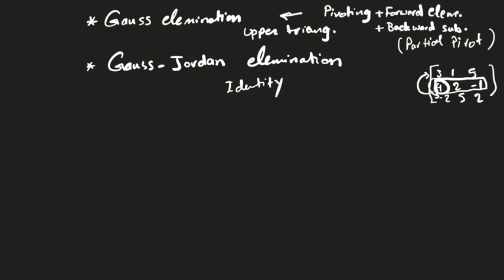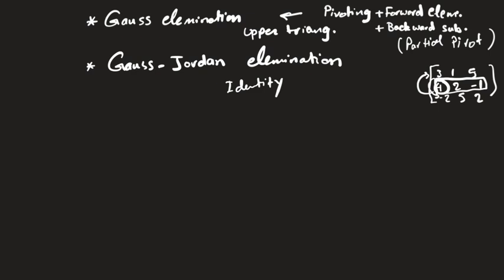So you play with the columns also, not only the rows. You start exchanging columns. You have to be careful that when you are exchanging columns, you are dealing with different variables, so it's as if you are reordering the variables. You have to take care of that if you are writing a program using Gauss-Jordan by yourself.